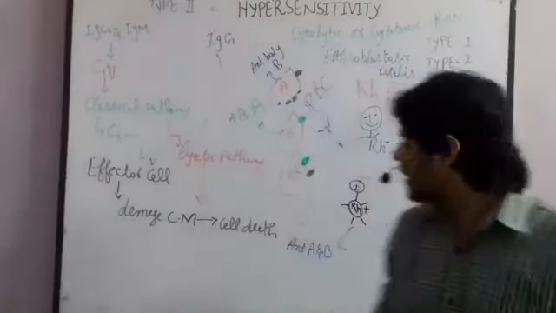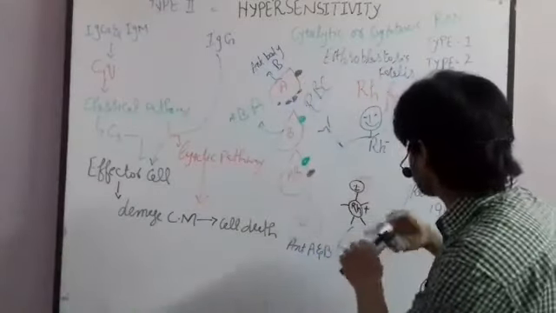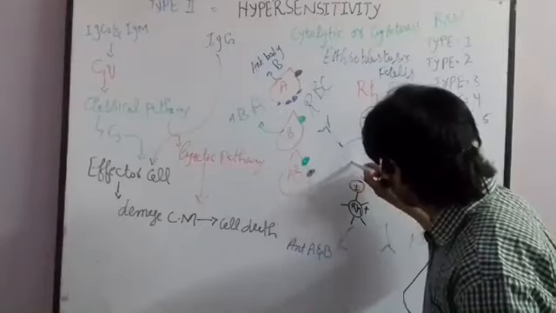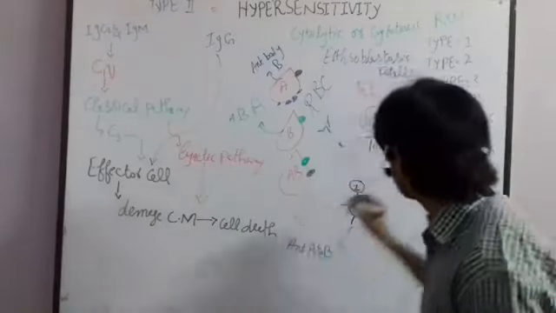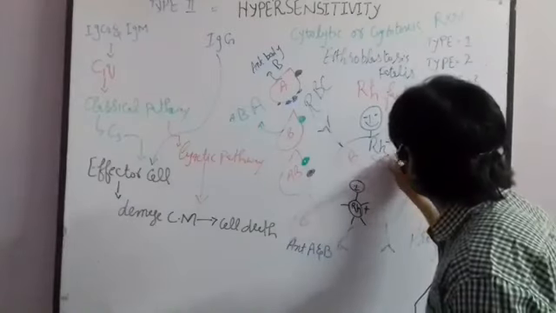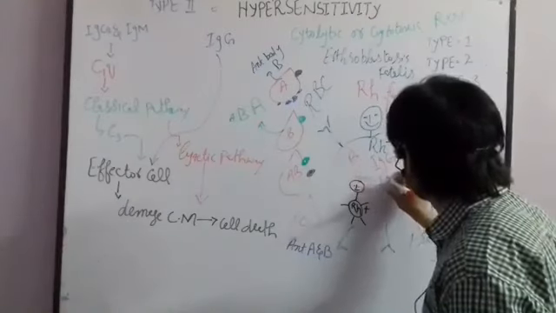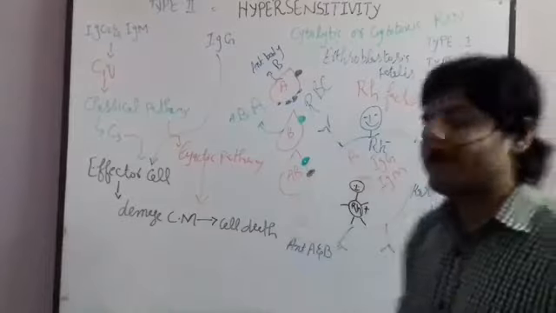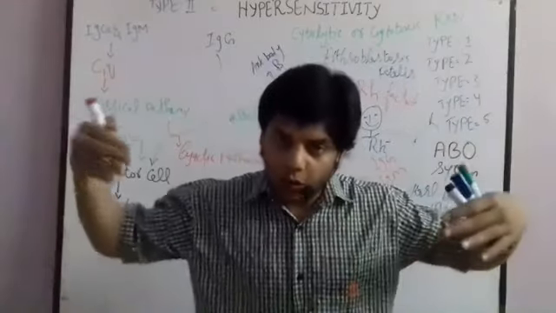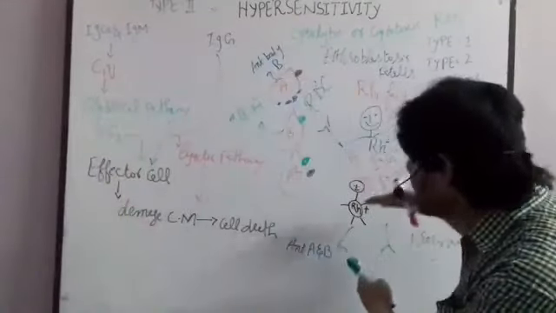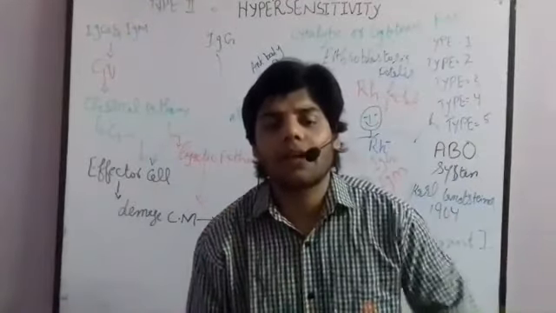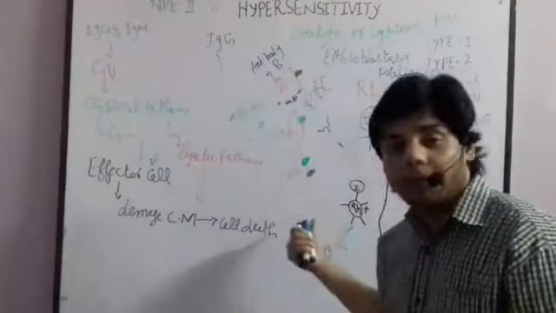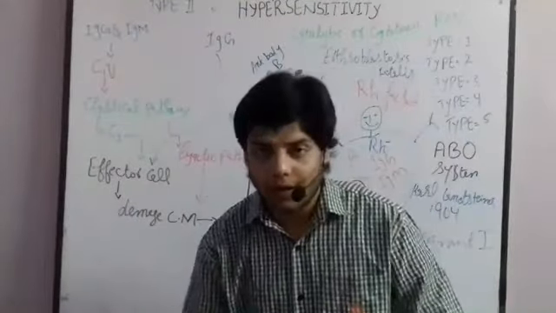Then during the first pregnancy, she has B cells also. This B cell produces antibodies which we call IgG and IgM. This antibody also circulates inside the baby's body through the placenta, but it doesn't mean that it will cause the death of this baby. The baby will not die.